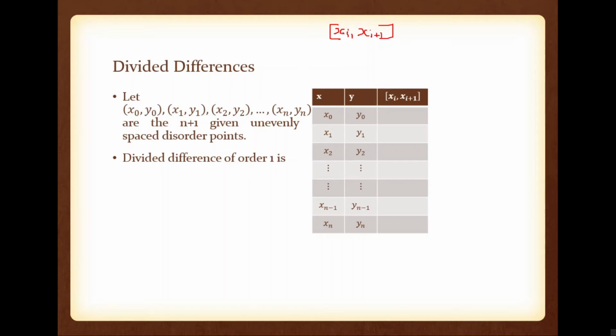Still, if you have two adjacent elements inside the square bracket, then we call it a divided difference of order 1. Okay. So please note divided difference is represented by using a square bracket, and if it is an order 1 divided difference, then inside the square bracket we will have two adjacent elements. Understood? Is it okay, all of you?